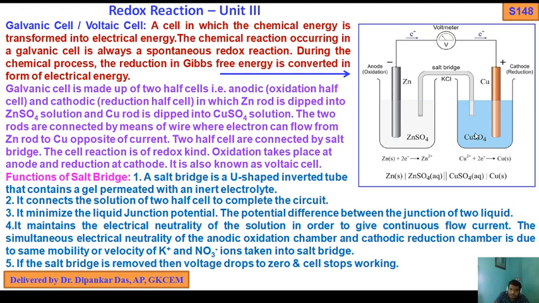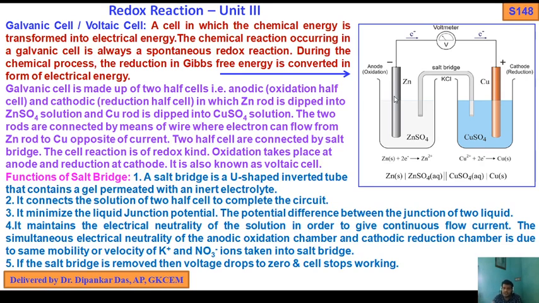So the galvanic cell is made up of an anodic oxidation half cell and a cathodic reduction half cell, in which a zinc rod is dipped into zinc sulfate solution and a copper rod is dipped into copper sulfate solution. The zinc rod is called the anode, the copper rod is called the cathode, and these two rods are connected by means of a wire, where electrons can flow from the zinc rod to the copper rod.